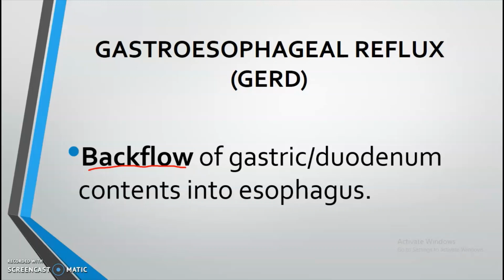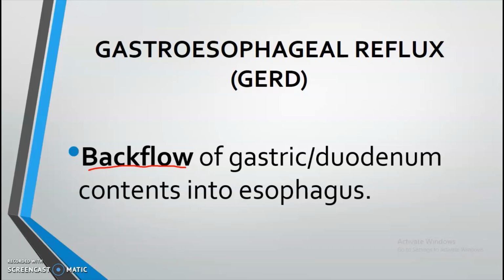Basically it's a flap that covers and prevents the duodenal content from refluxing, or going back into the stomach, the previous organ that it came from. So that is the normal anatomy and physiology of our gastrointestinal system.